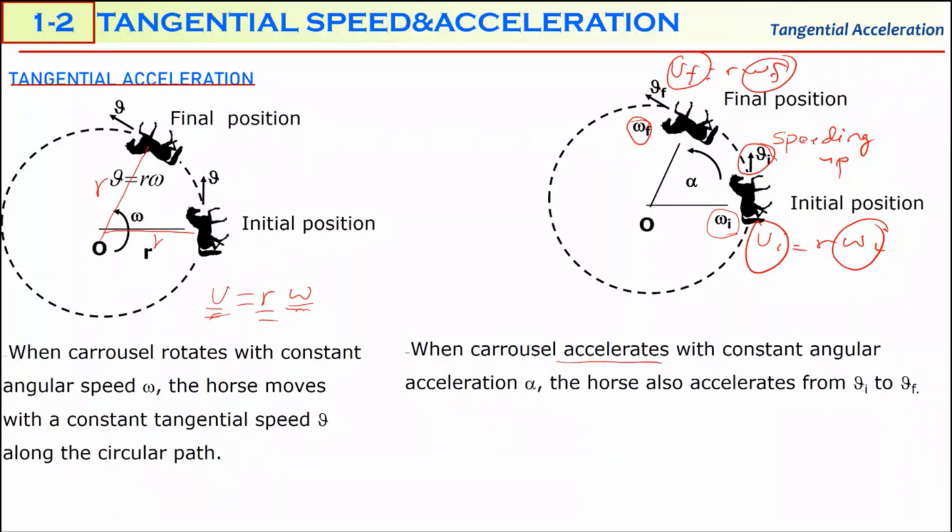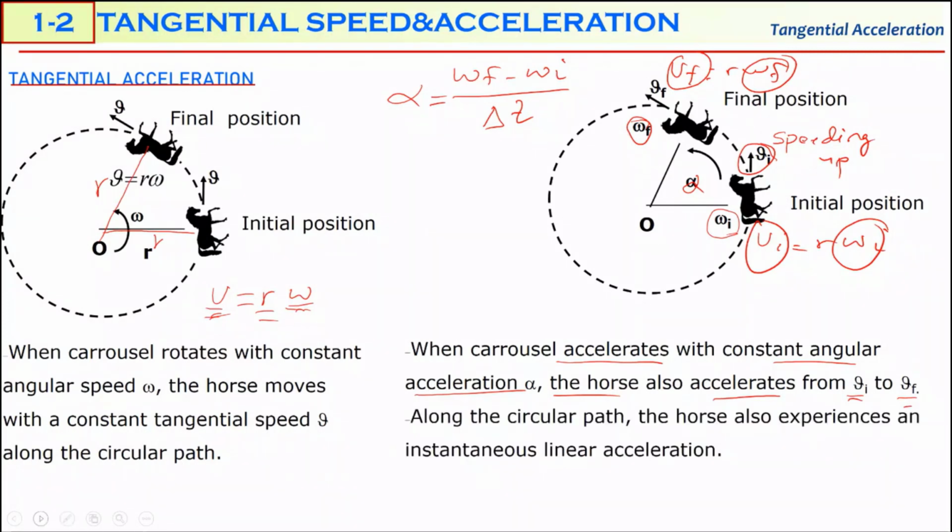When the carousel accelerates with constant angular acceleration alpha, which we defined before, remember, it was omega final minus omega initial divided by delta t, the horse also accelerates from an initial tangential speed to a final tangential speed. Now we can also write an equation about the linear acceleration. Along the circular path, the horse also experiences an instantaneous linear acceleration.